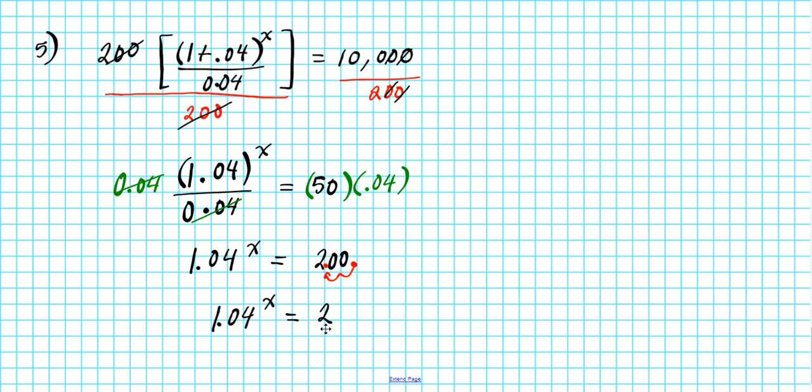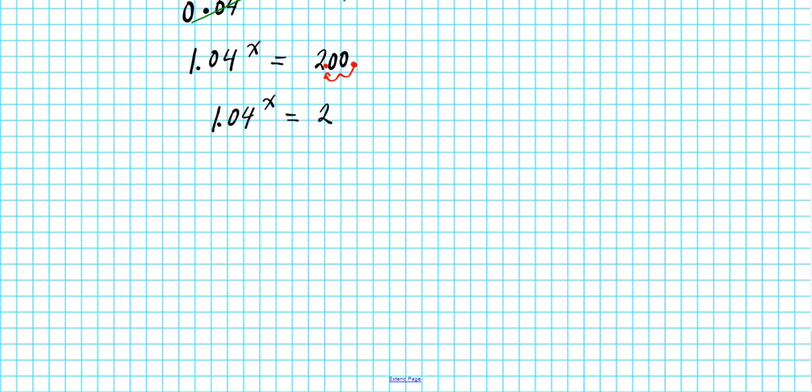Now there is no way you can express these two exponents as terms with identical bases. So we have to use the common log or natural logarithm to enable us to power down this variable exponent for isolation. So if you want to use natural log or common log, it doesn't really matter.